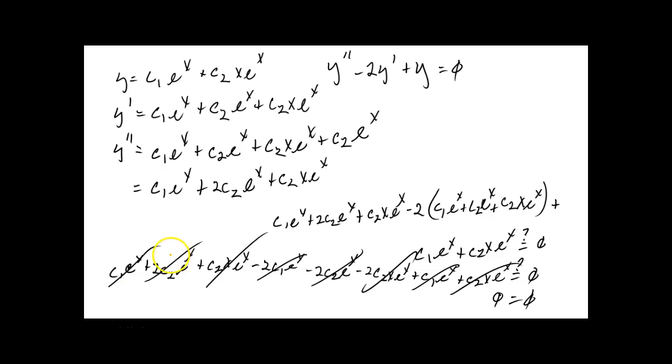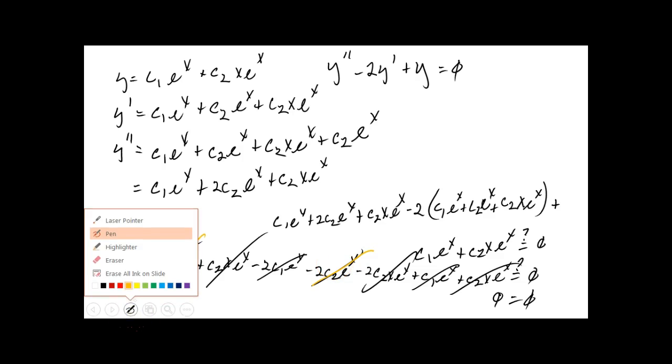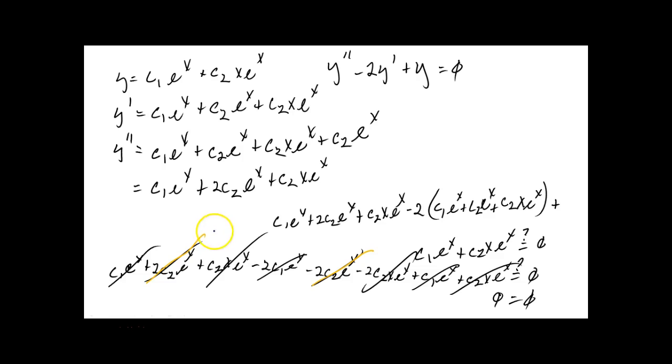Okay, let's do the C2s in orange. We'll leave the C1s in black as a plus C2 e to the x and a minus C2 e to the x. So those went out. Let's do another color. Purple, okay.